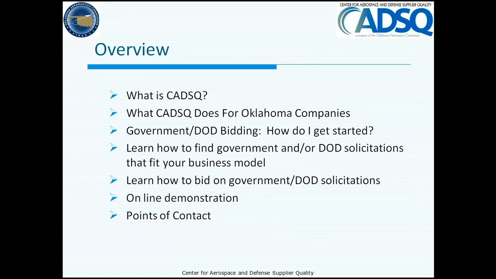Then we are going to get into the meat of the webinar, which is government and DOD bidding, and Jack will be covering how you get started, how to find government or DOD solicitations that fit your business. We'll cover how to bid on government solicitations, and again Jack will do an online demonstration of all of that, and then finally we'll have the points of contact at the end of the webinar as well.